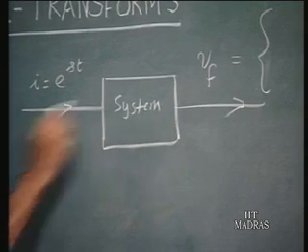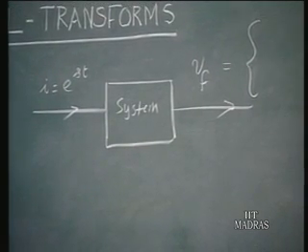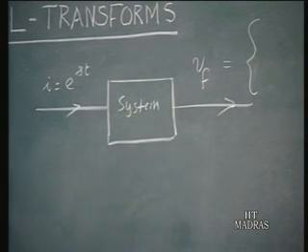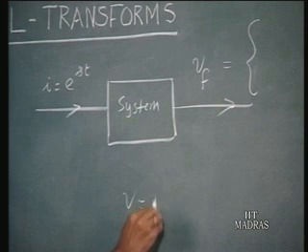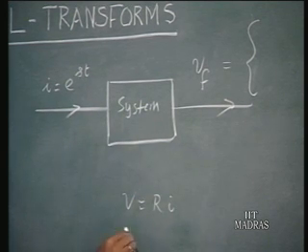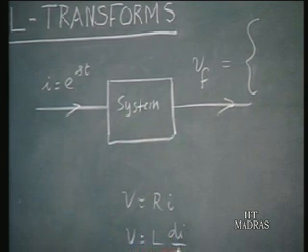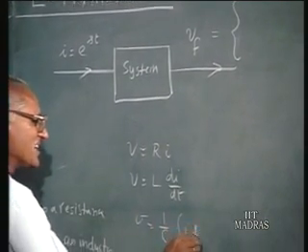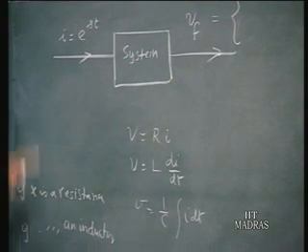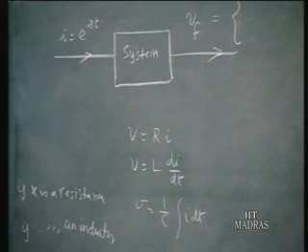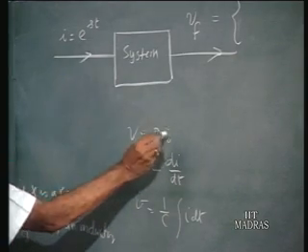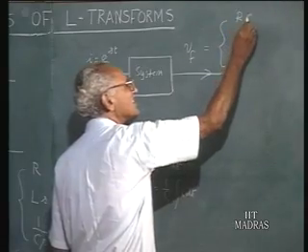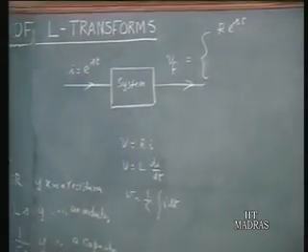If the system happens to be a resistance, with e to the power of st as the excitation, the forced response is found from the basic relations: v equals Ri for a resistance, v equals L di/dt for an inductor, and v equals 1 over C integral i dt for a capacitor. Therefore, using these three fundamental relations, if the forcing function is e to the power of st, the voltage will be R times e to the power of st. That is the forced response of the resistance.